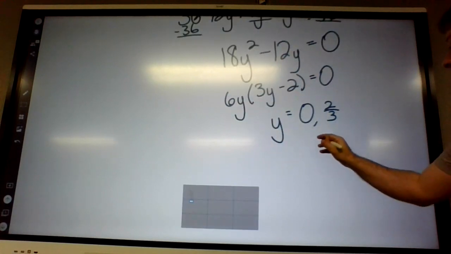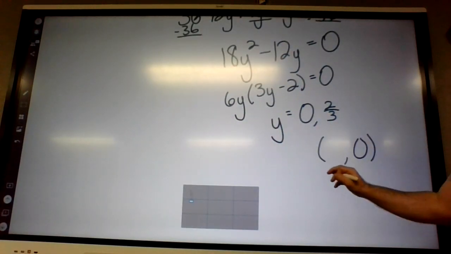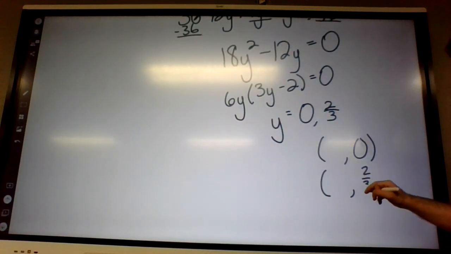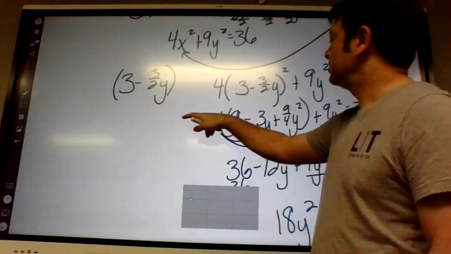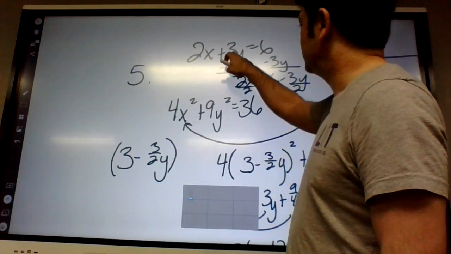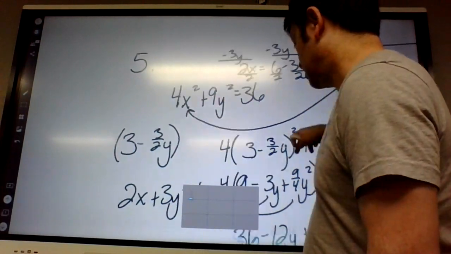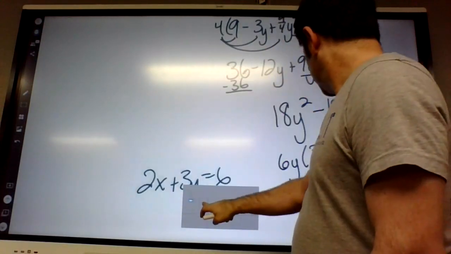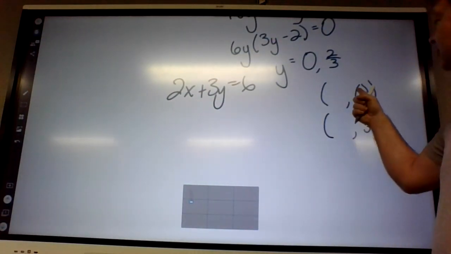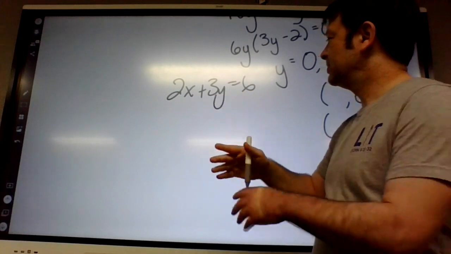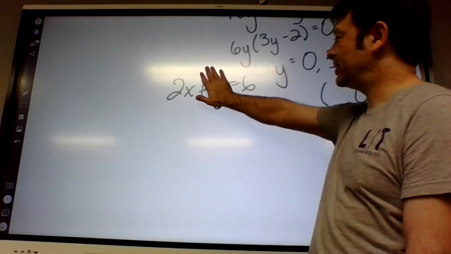Okay, so those are the y values. We've got to find the x values that go with them. So let's go back to the easy equation, which was this one. All the way down here. If I put in 0 for y, I get 3 times 0, 0. 2x equals 6.